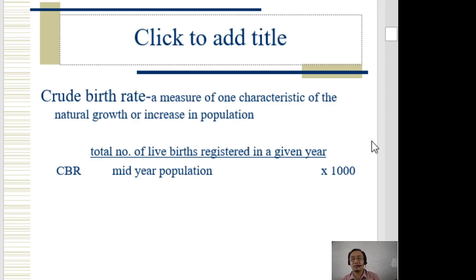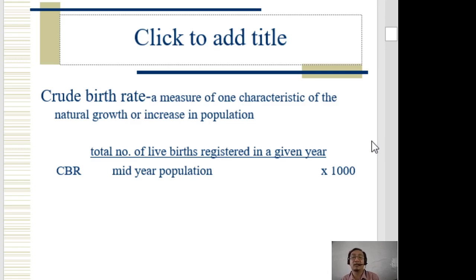Again, it is a crude rate because it involves the whole population, and according to international standards, 45 per 1,000 live births or more is considered high fertility.